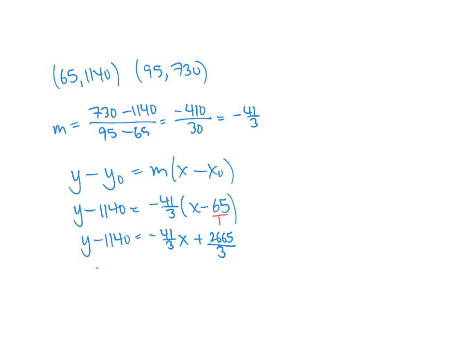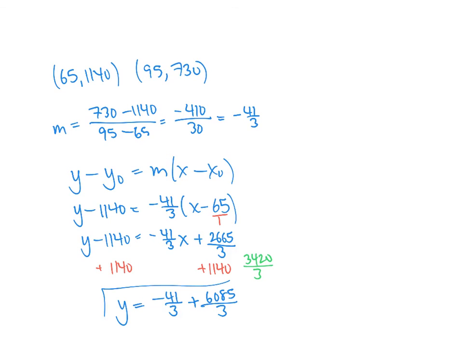I'm going to add 1140 to both sides, but 1140, when I write that over 3, is going to be 3420. So I get y equals negative 41 over 3x. And when I write 2665 plus 3420, that works out to be 6085. So 6085 divided by 3. And that's the equation of my line.